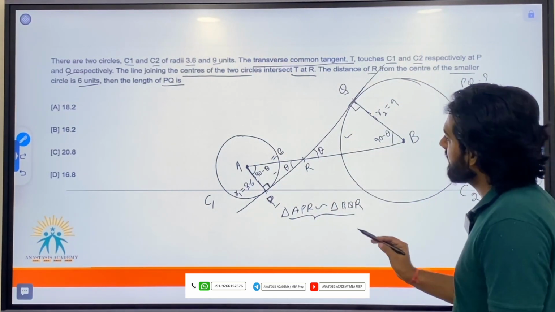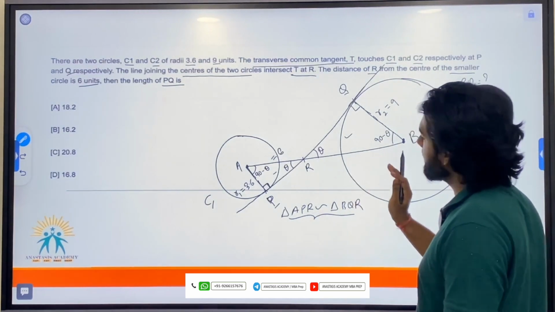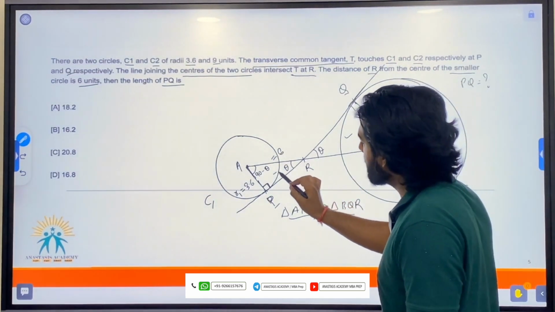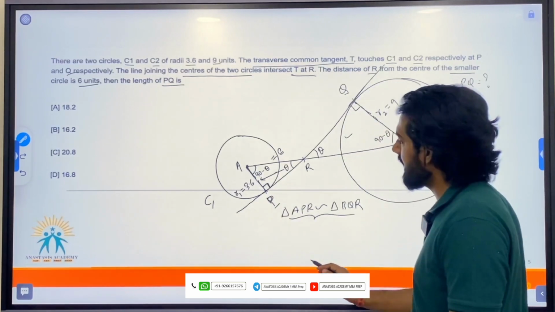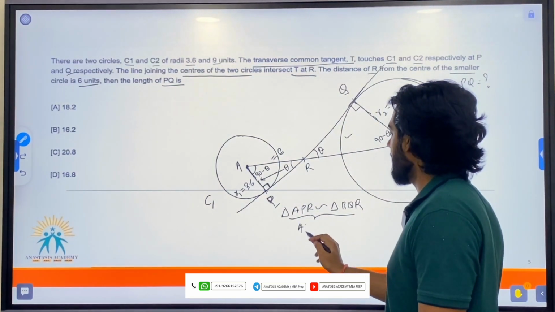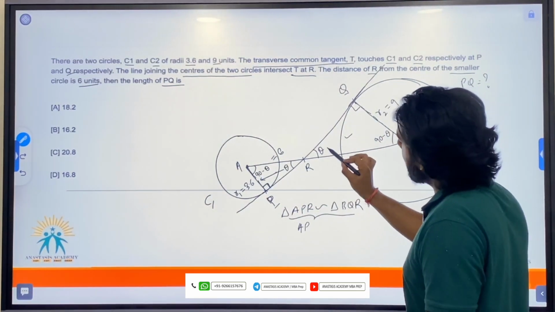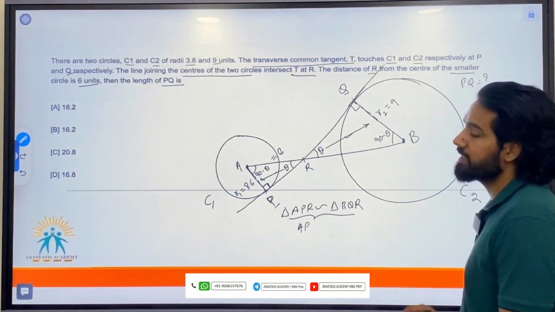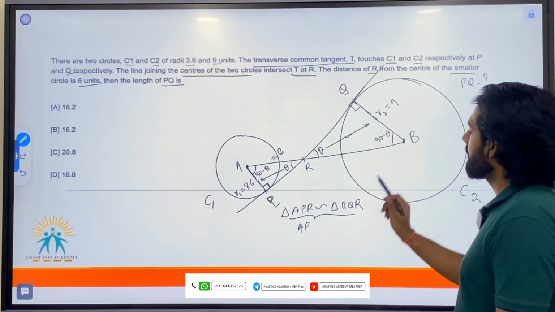So first I have to write those sides which are given. The side opposite to theta in the smaller triangle is AP. So the corresponding side would be the side opposite to theta in this triangle, which is BQ.